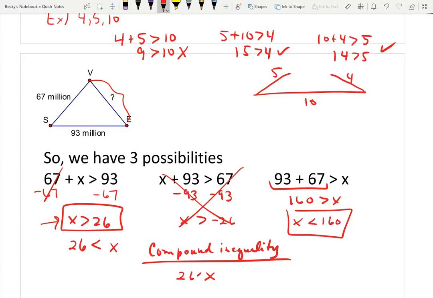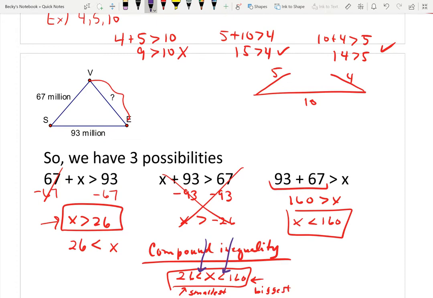So it's 26 is less than x. Then I'm going to bring this one down, the x overlaps. It's less than 160. Now, typically, it's like a number line. We start with the smallest here, and this number needs to be the biggest. The symbols here and here are always less than.